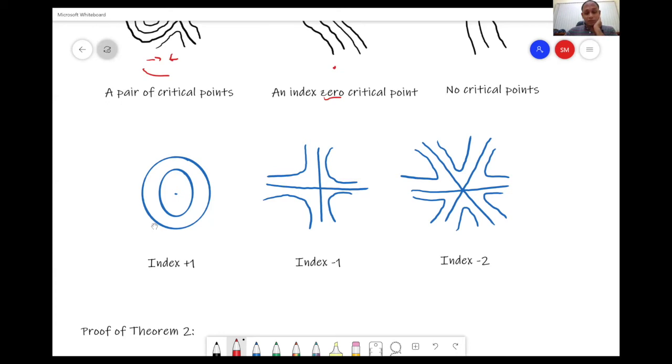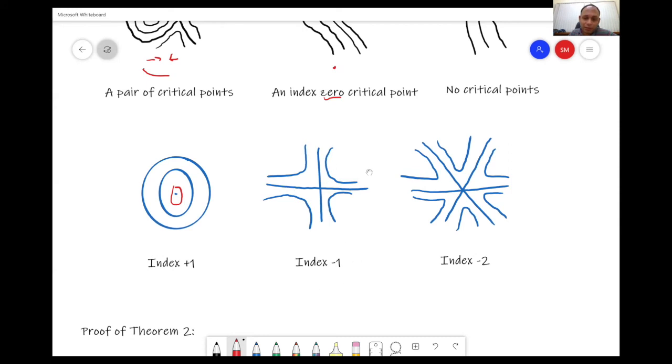So this is the definition of the index, but in dimension 2, there are easier ways of seeing the index of a critical point. It turns out that if you do have a local extremum, and the function satisfies the Laplace equation, which is the assumption I'm considering, then the level sets near there look like circles. And then the index of this kind of local extremum becomes +1.